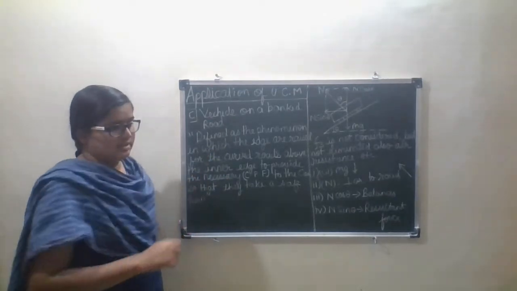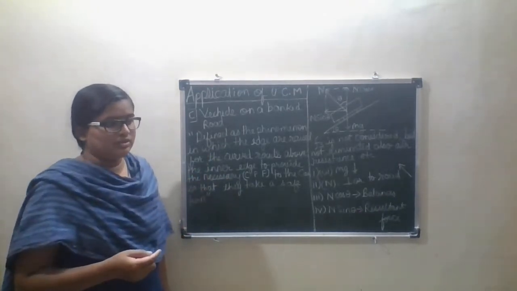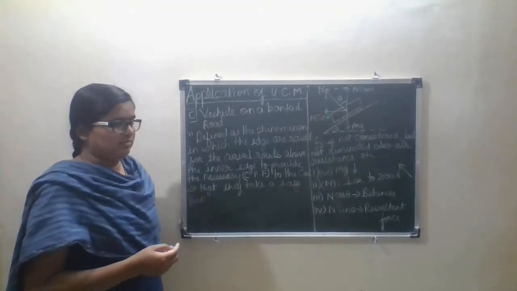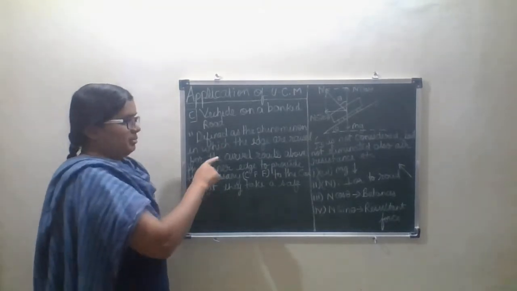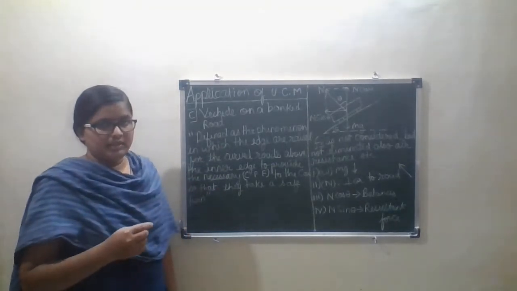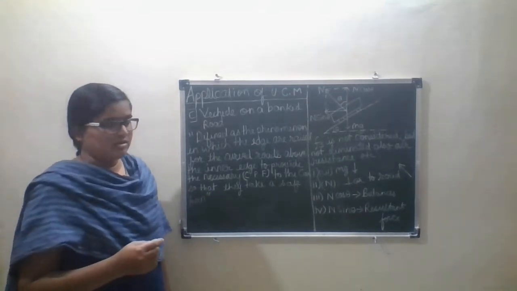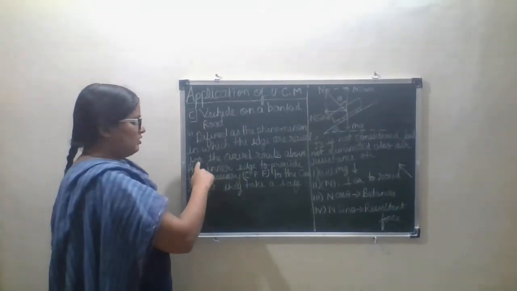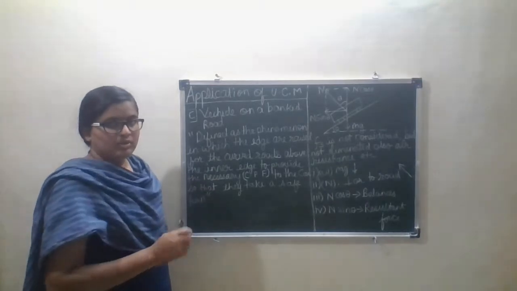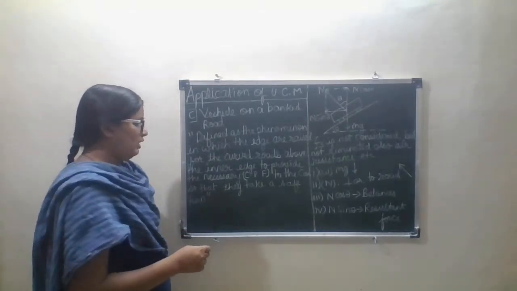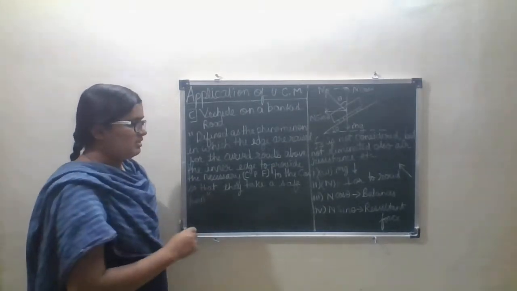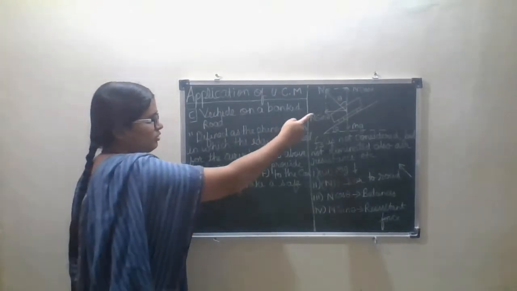Once again, the definition of the banked road: it is defined as the phenomenon in which the edge of the curved road is raised above the inner edge to provide the necessary centripetal force.